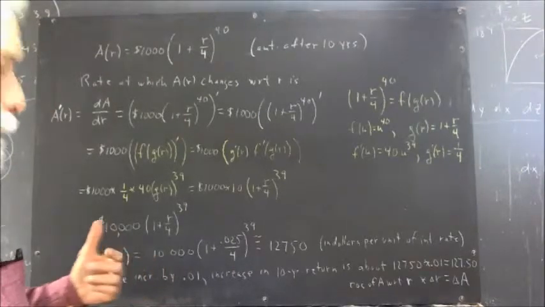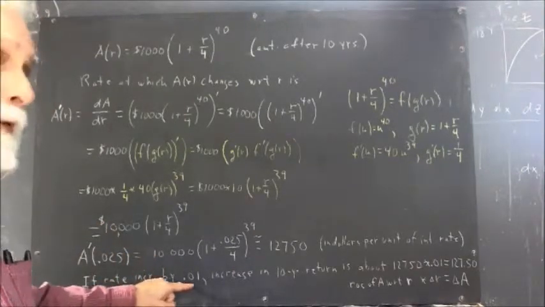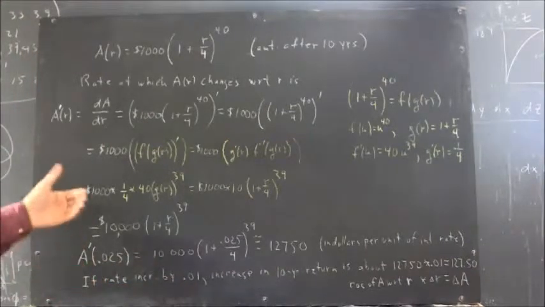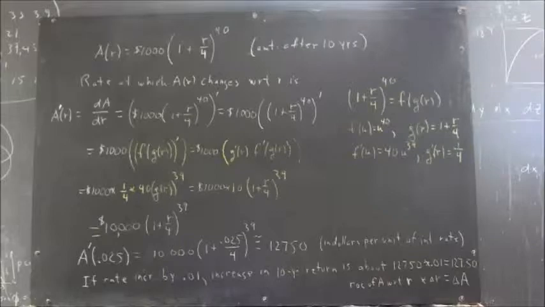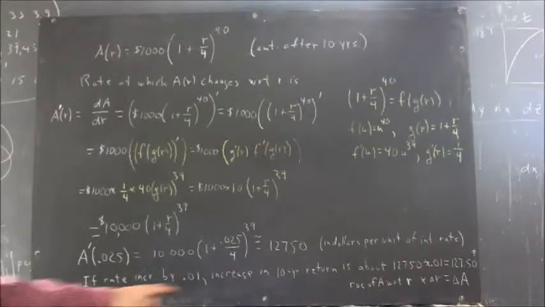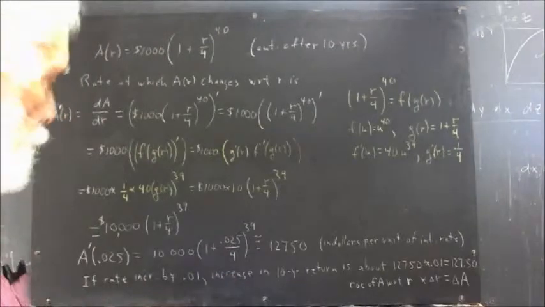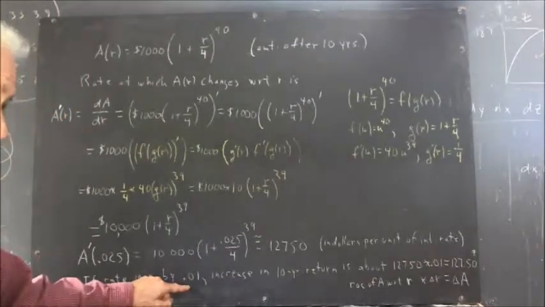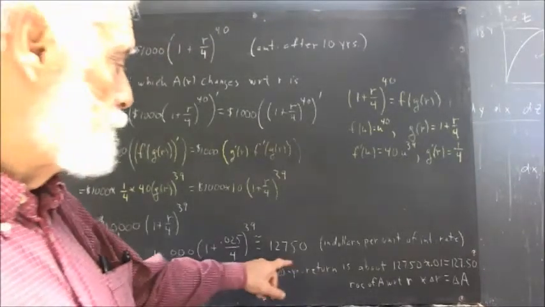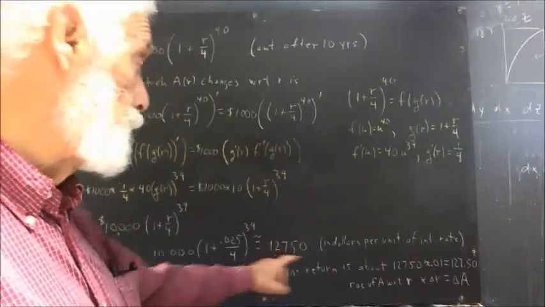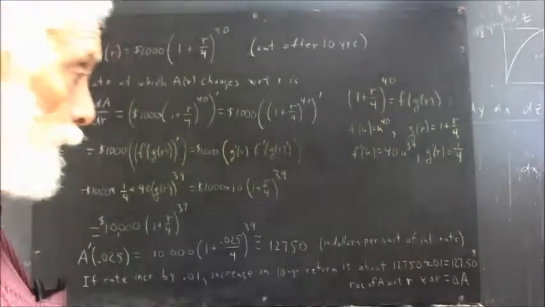If we change the interest rate by 0.01, increasing it then from 0.025 to 0.035, then we would expect an increase in our 10-year return to be about what? Well, the change in the rate is 0.01. The rate of change of our return with respect to our interest rate is 12,750.